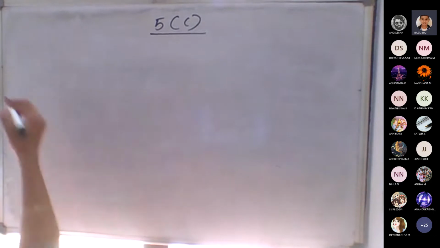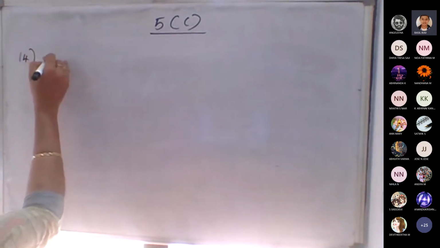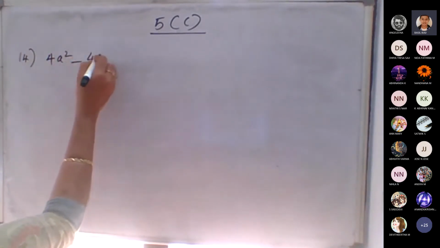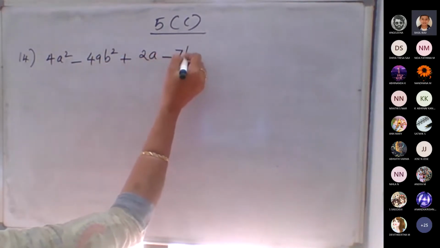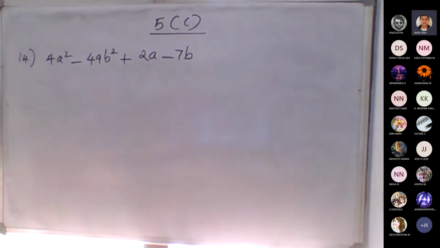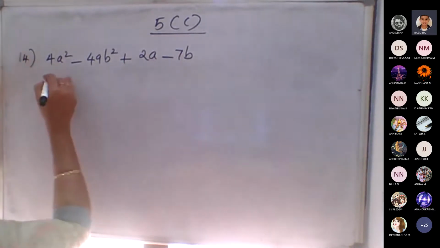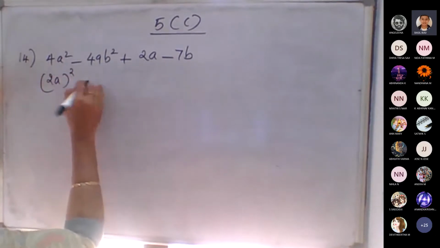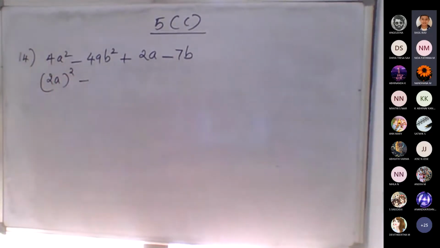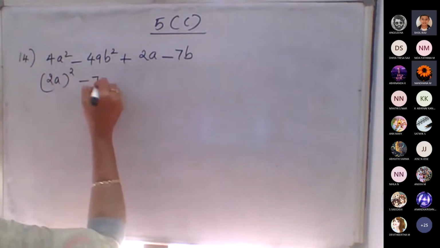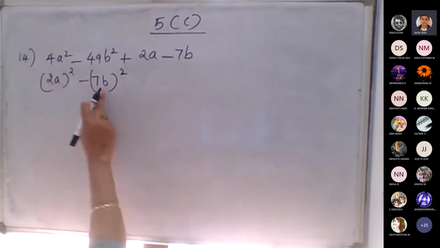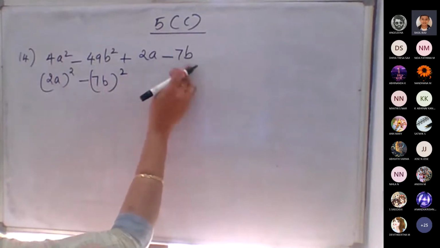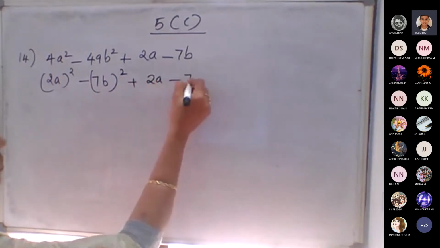It is in the form of what? 4a square minus 49b square plus 2a minus 7b. Instead of 4a square, 2a the whole square, good. Then minus, instead of 49, 7b the whole square, okay, good. So 2a and 7b we got, no? Plus 2a minus 7b.